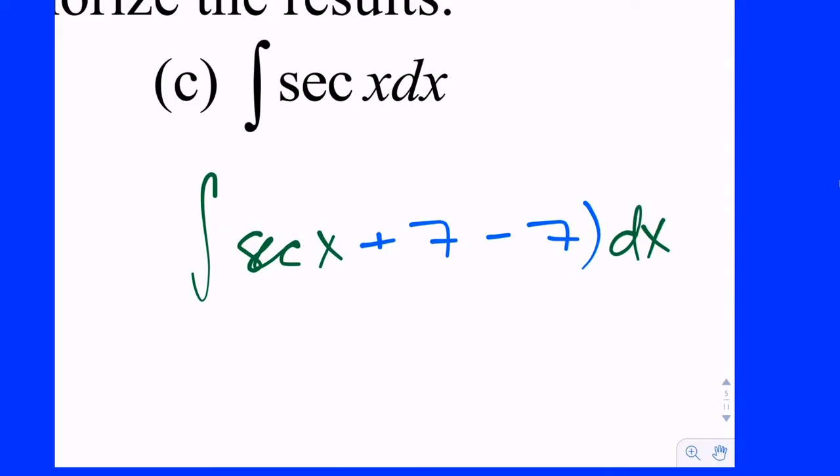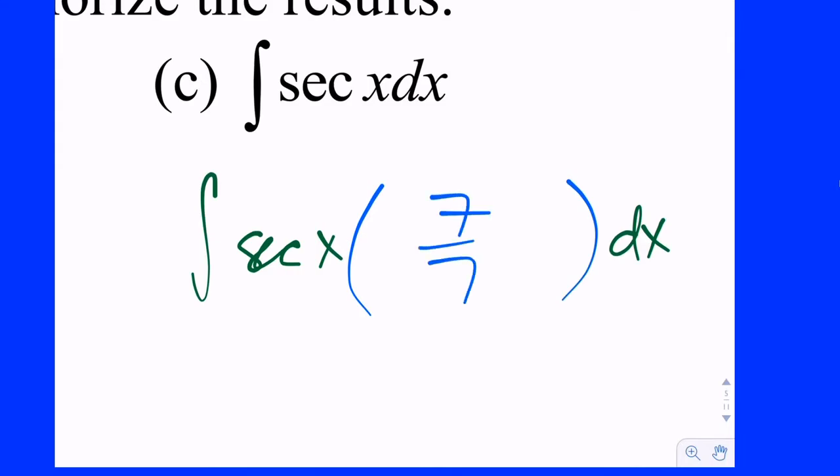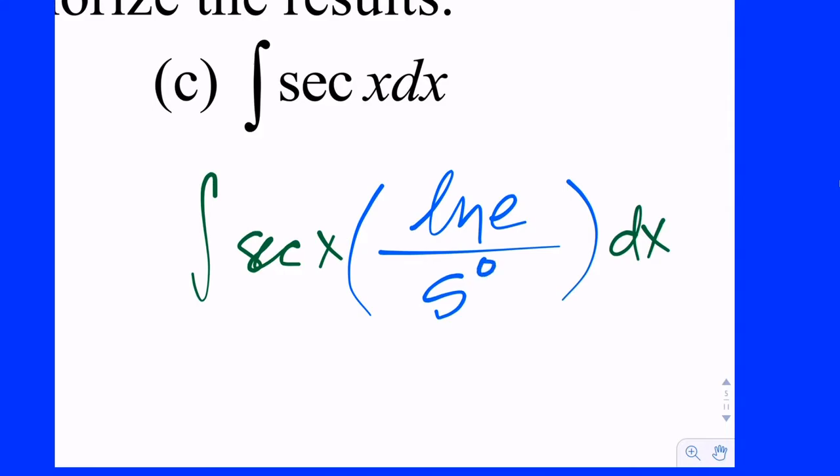No, it doesn't. Or we can multiply by a clever form of 1. Now, 7 over 7 is a form of 1. Is that a real clever form of 1? No. But what about like the natural log of e over 5 to the 0 power? That's clever.